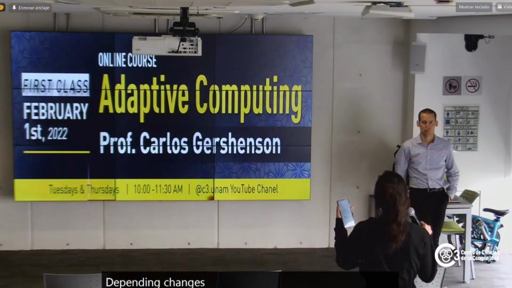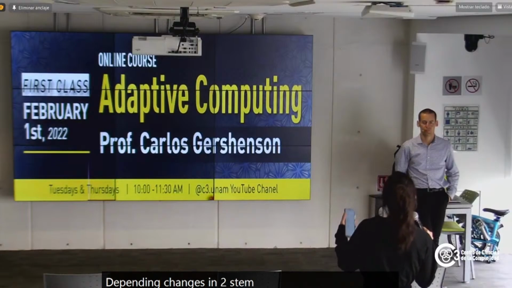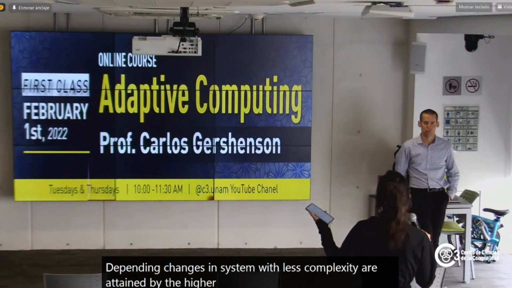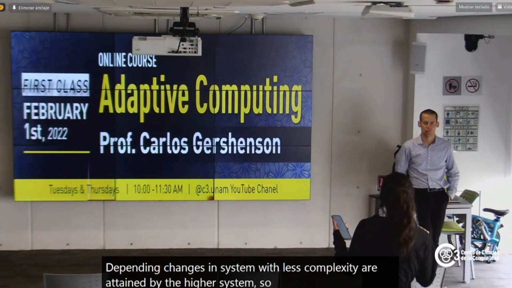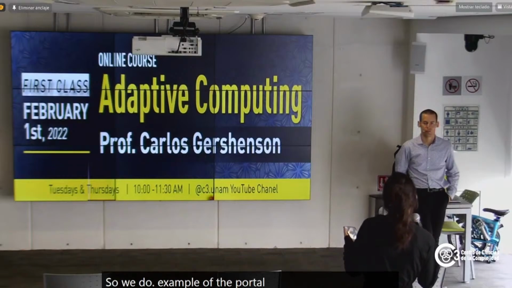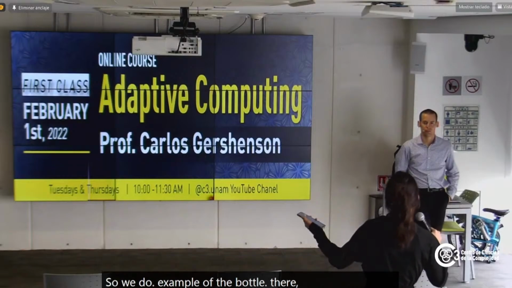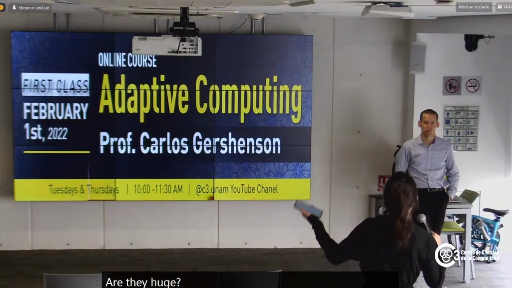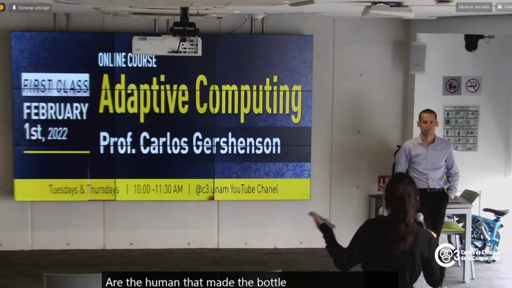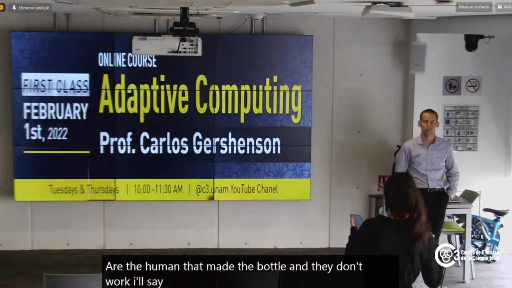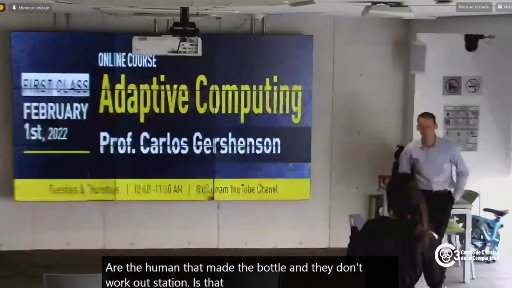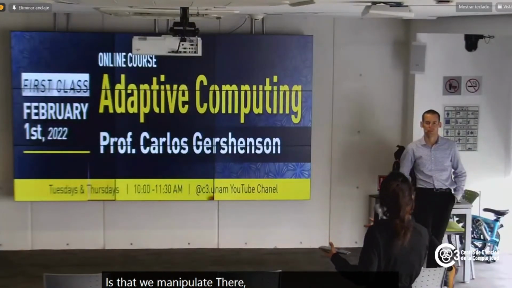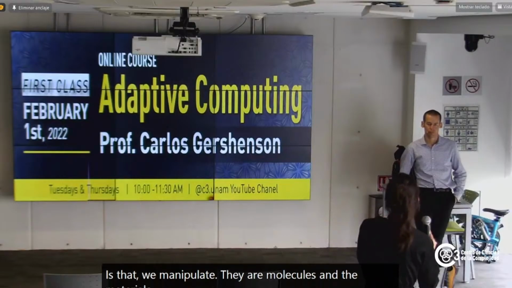Changes in systems with less complexity are attained by the higher system. So with this example of the bottle, the higher system are the humans that made the bottle, and the downward causation is that we manipulate the molecules and the materials to create the bottle.